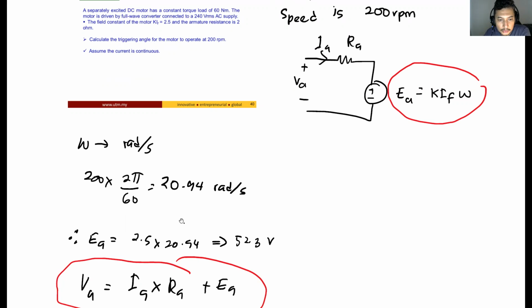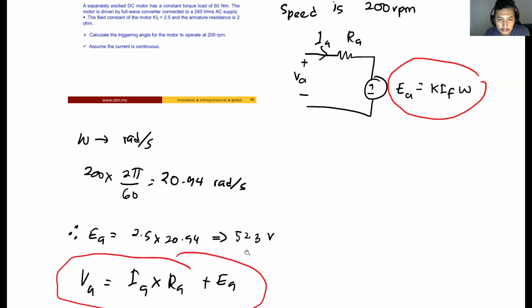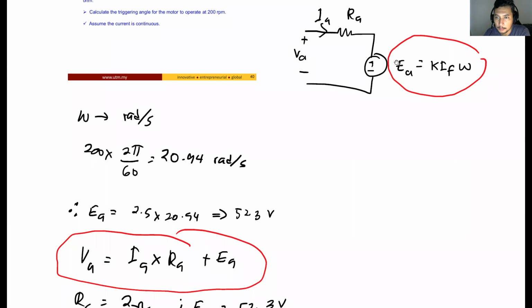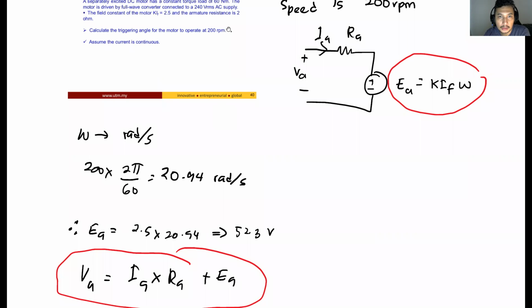Then you can use this value to obtain your back EMF. Your back EMF is KIF omega, so you just multiply with the KIF given, 2.5. So 52.3 volt here. Then you can obtain finally your VA, and RA is also given.